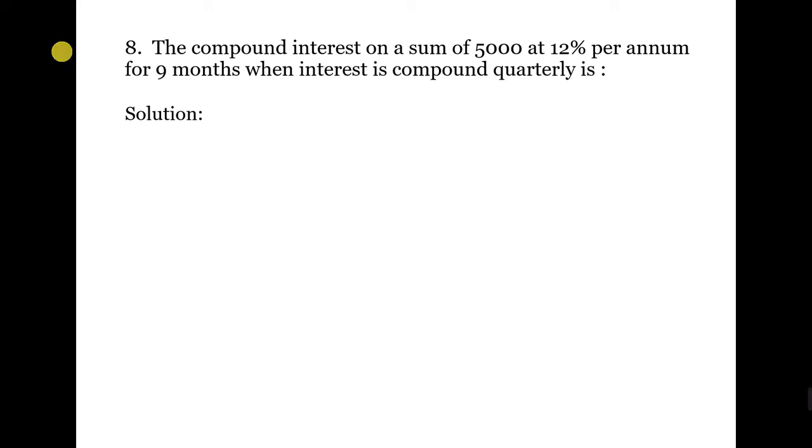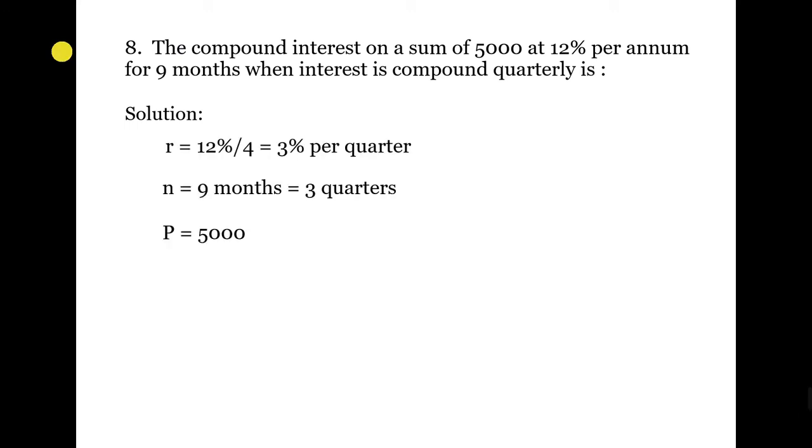When it comes to the rate of percentage, the 12% annually will be converted into a per quarter rate, and the time frame of 9 months will also be converted into quarters. So the 12% became 3% while the 9 months became 3 quarters.